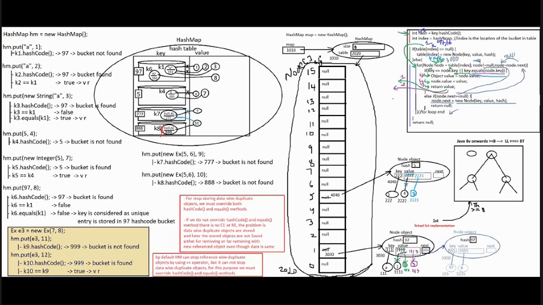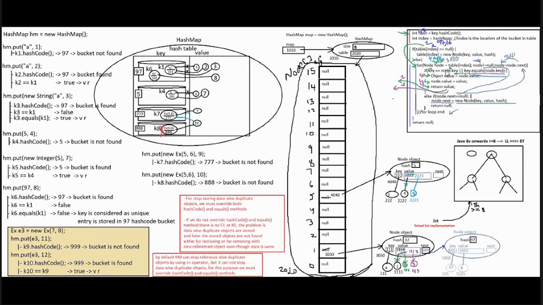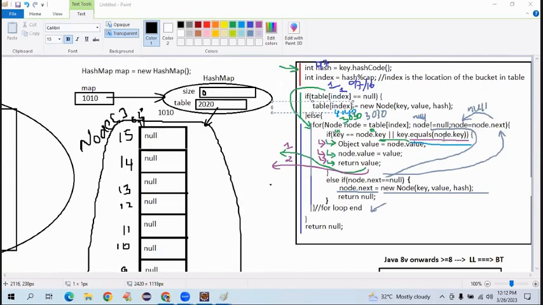Object value plus node value. Object value means the existing value. I have to return the old value, right? If the key matches the current node key, then I have to return the old value. So that's why I'm taking the old value into a local variable. Node.value is replaced with the new value. Yeah, I got confused with the parameter.